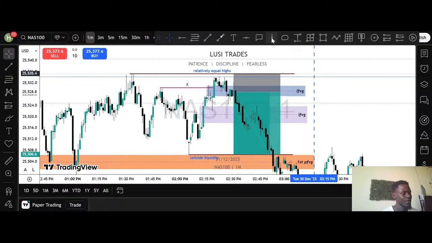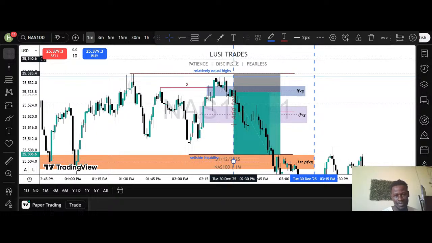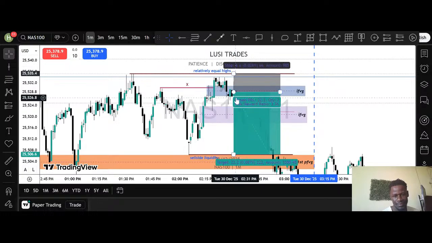So let's see where 1:30 is. Most of the time you hear me talk about 1:30, 1:30, 1:30. So what's the deal with this 1:30? This is the time that I want to be coming to the marketplace and see where price is trading.